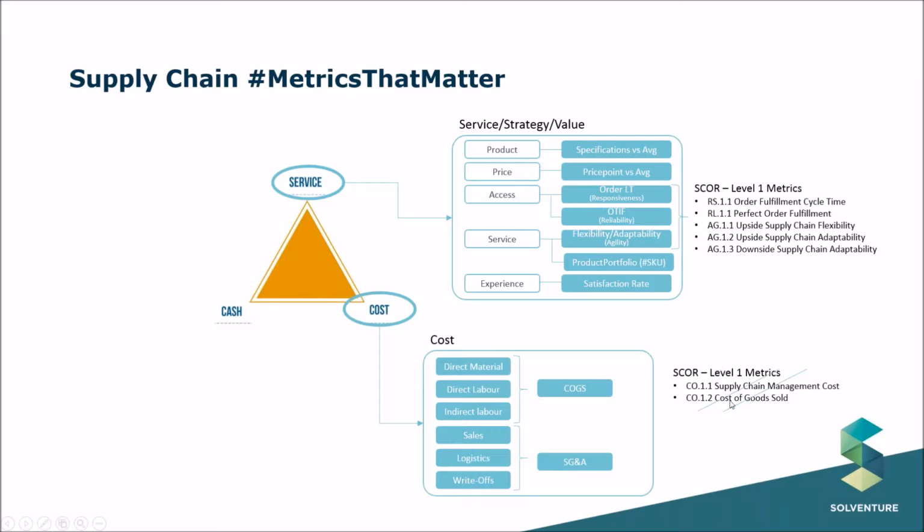Also there, SCORE has two level 1 metrics, cost of goods sold, and something like supply chain management cost. Well, if you ask 10 people what is the supply chain management cost, there's no common definition. So instead of using SCORE type of definitions for the cost, I prefer to use finance type of definitions for cost, like direct material, direct labor, indirect labor, tying into cost of goods sold, and SG&A, selling, general and administrative.